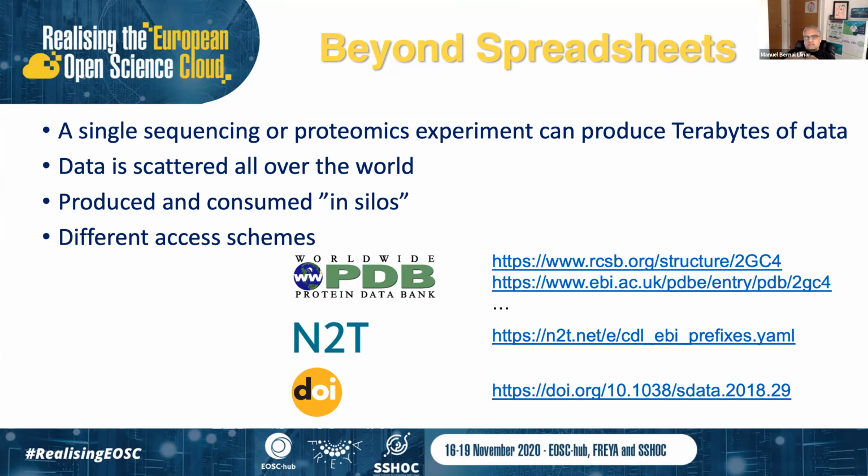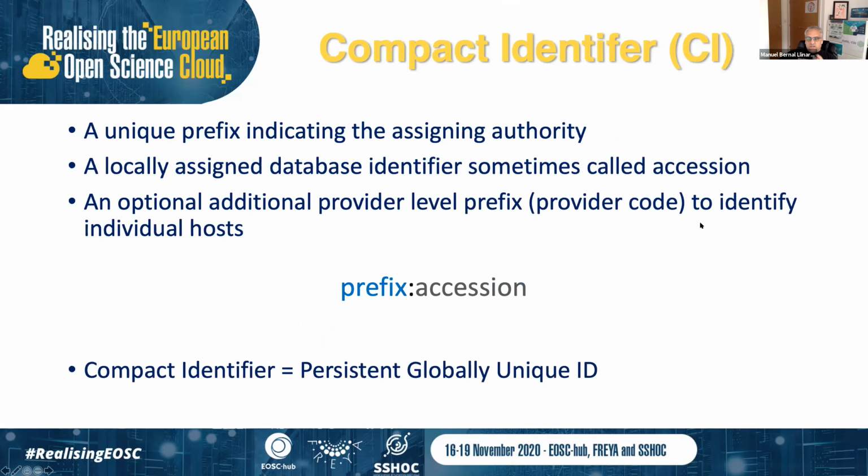It's becoming difficult to reach, because every data resource, every data provider has its own data access schemes and different mechanisms to reach out to that data. From identifiers.org, we developed a platform around the idea of a compact identifier.